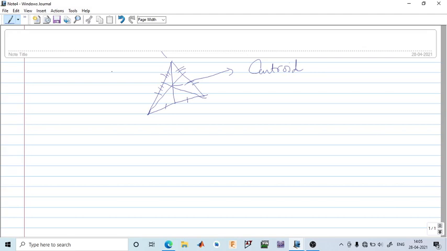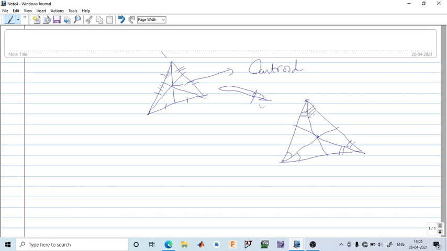That is, suppose I am showing this angle bisector, that is this angle, this angle, this angle, this angle.